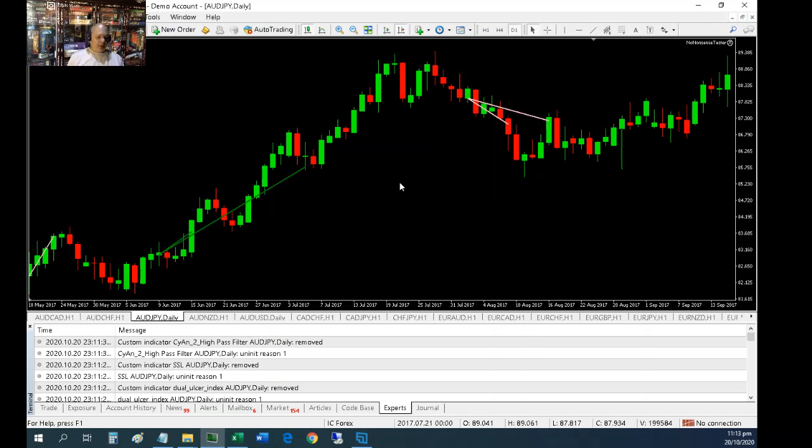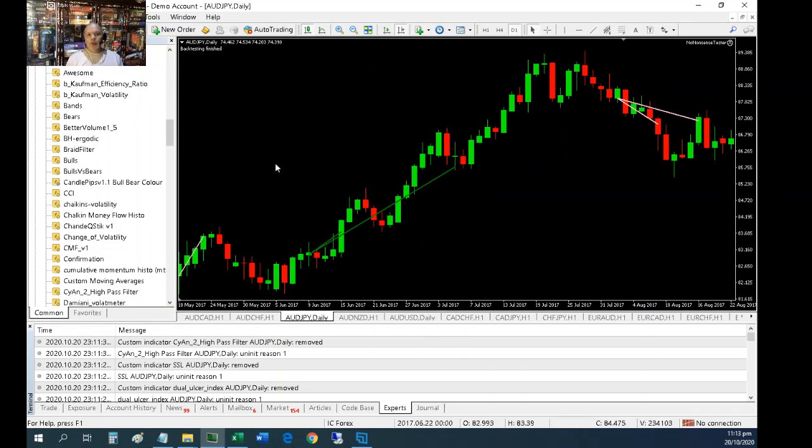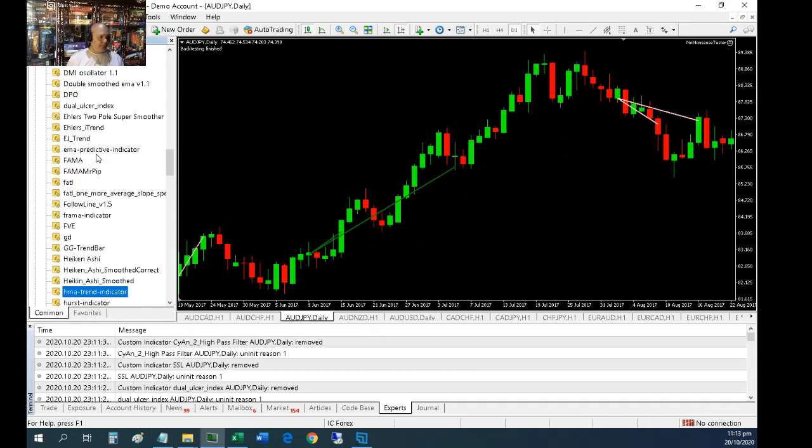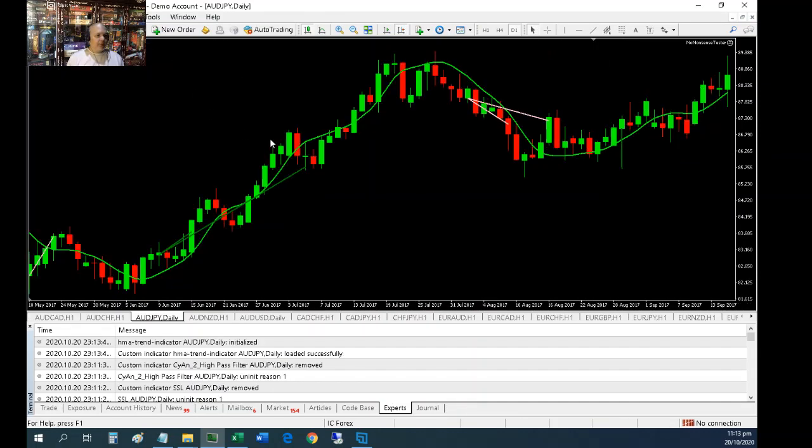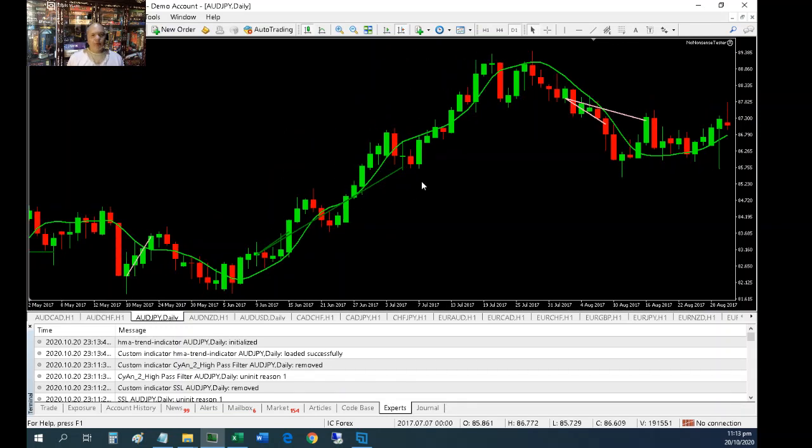Okay, so what we'll load up first will be a baseline. Let me just pick one here, anything that I could find. This is a baseline, so the rule for the baseline is when the candle crosses up and over the baseline and closes.